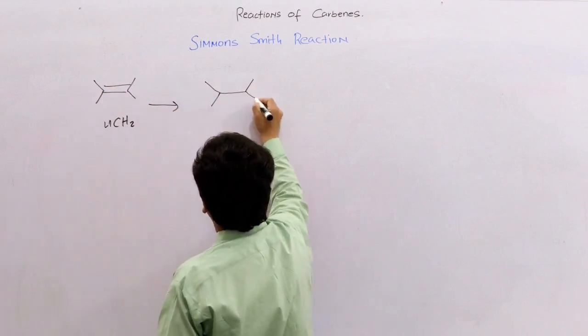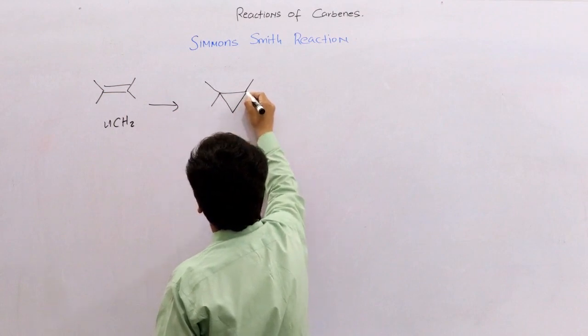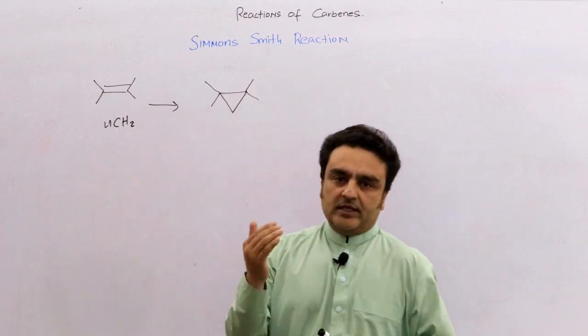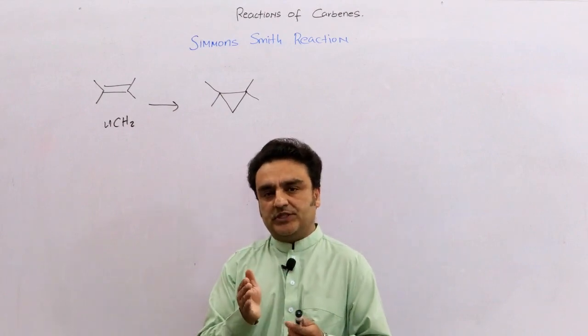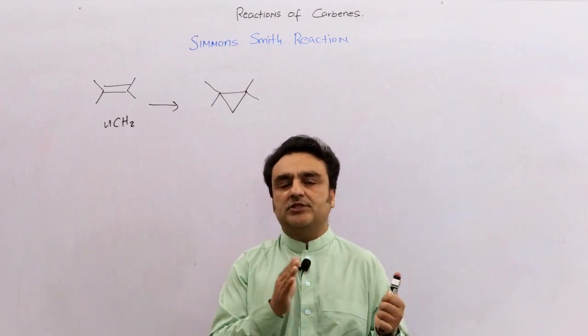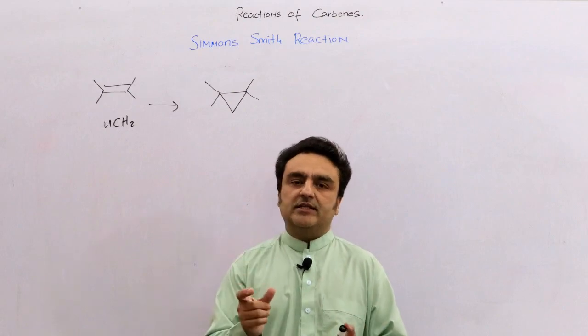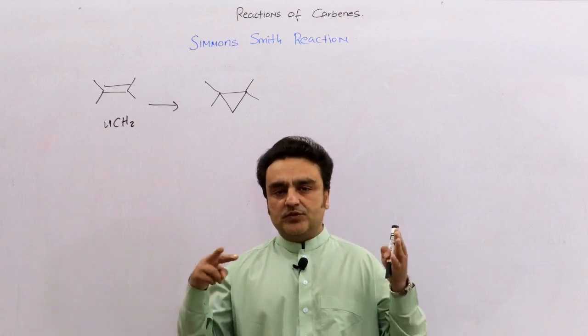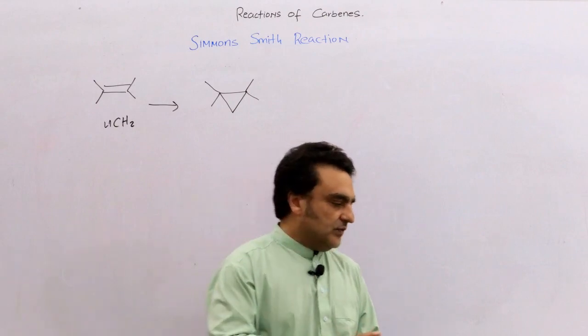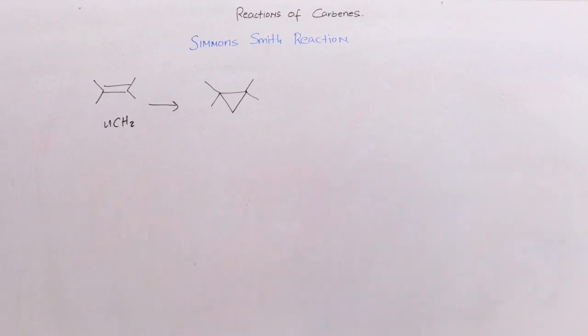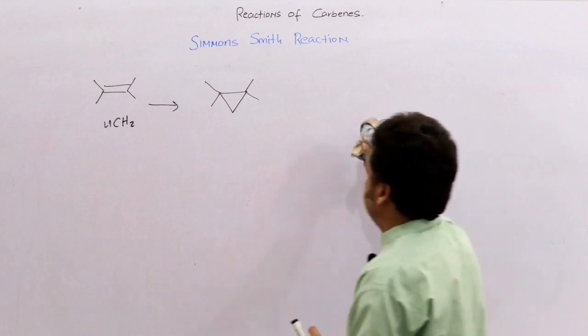Cyclopropane was produced. Let me recall that the triplet state produces non-stereospecific products, and the singlet carbenes produce stereospecific products. So now we will be studying another reaction, which is called the Simmons-Smith reaction.